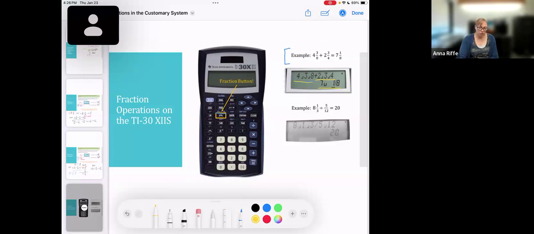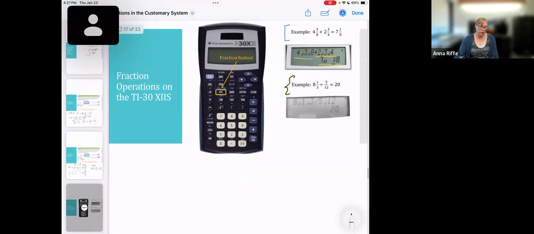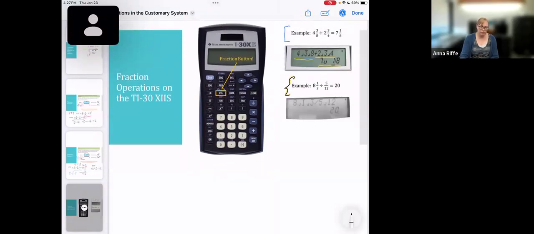One thing I will also mention is the calculator will multiply and divide fractions for you. We're not going to talk about this process in class and how to do it by hand, but if you ever need to, the calculator has no issues with that. If you want to know how to type this into your calculator, for example, the 4 3/8, you would type 4, and then hit that A, B over C button, and then type 3.